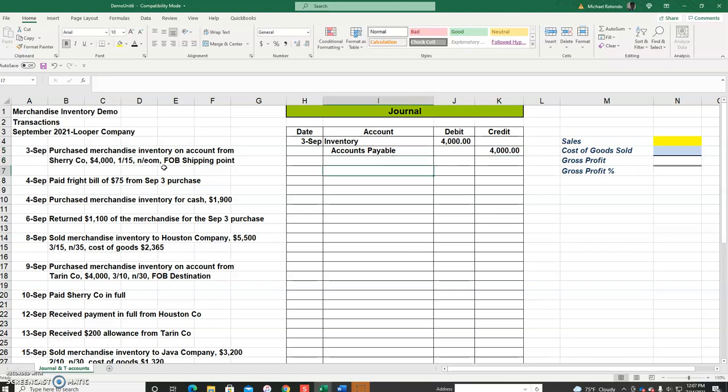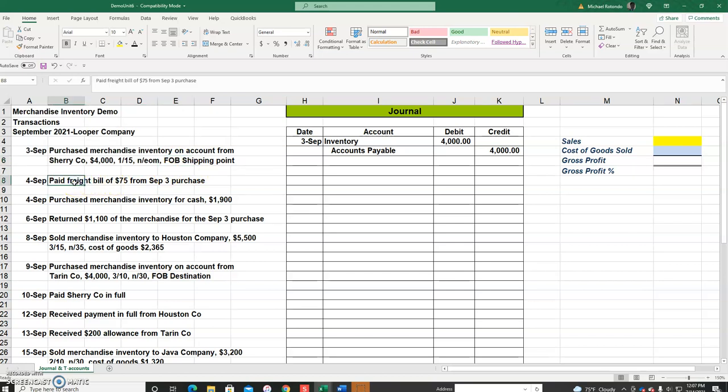Now, paid the freight bill of $75 from the September 3rd purchase. So we know that we, as the buyer, have to pay the freight bill because it's FOB shipping point. So that means that the buyer needs to pay the freight.